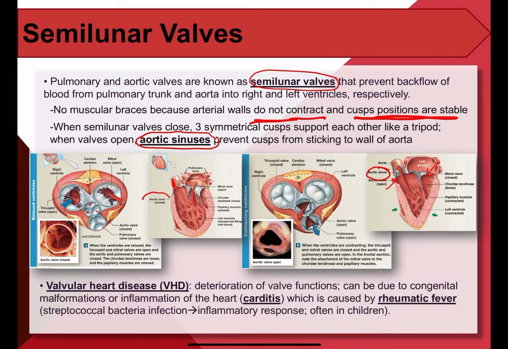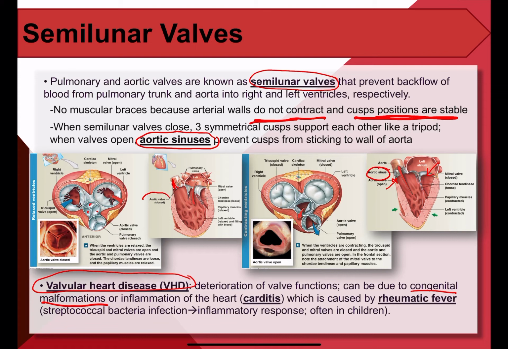Hence, a condition related to the normal structure of these valves is called valvular heart disease, or for short, VHD. This can be due to deterioration of valve function as we get older, or congenital malformation, or inflammation of the heart can also lead to valves changing in shape.